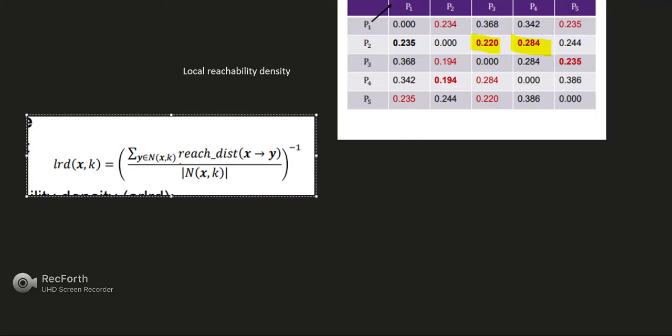It's this guy. Now, I hate mathematical notation. It's the worst. So let's work through what this actually means.